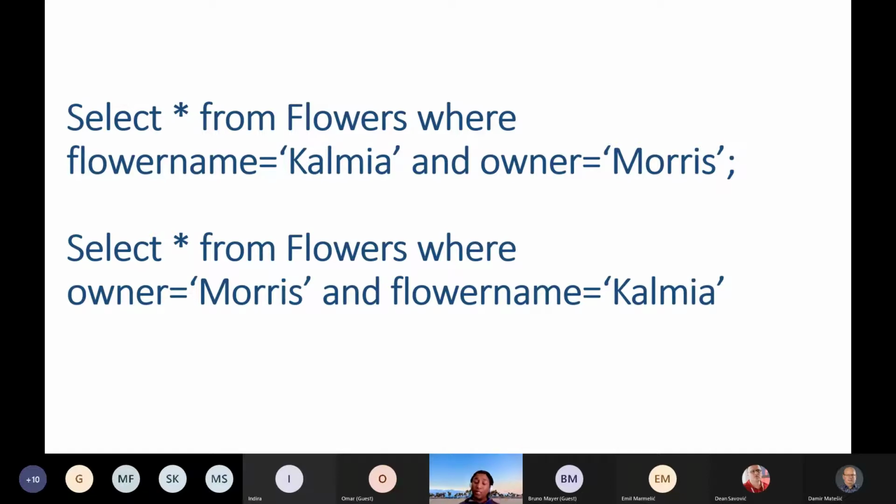So it is very easy for SQL Server to remodify the order of these where clause predicates into the order of the key columns of the index. Our key columns of the index are flower name, comma, owner. So for the second statement, it is very easy for SQL Server to convert it into flower name and owner name, because that's the order of the key columns of the index, right?